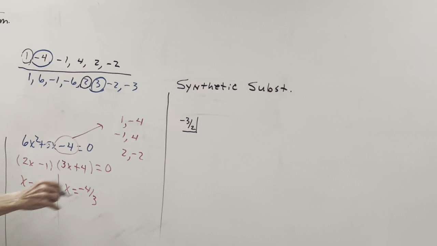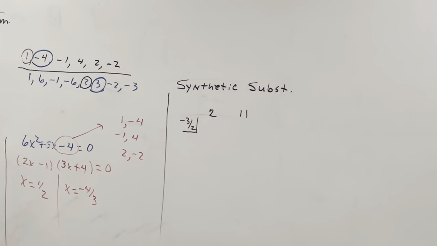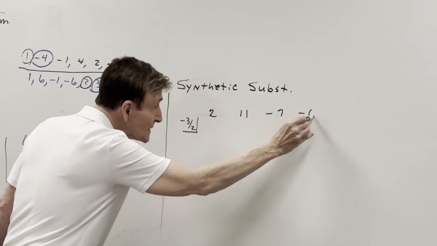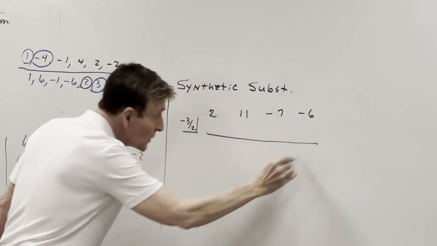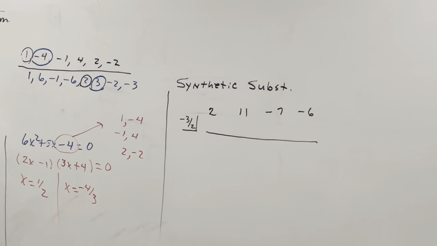I see a 2, 11, a -7, and a -6. So take the number you want to test, -3/2, then look back at your function, and jot down the coefficients and the constant. And here's the way it works, a little bit faster than doing it directly.